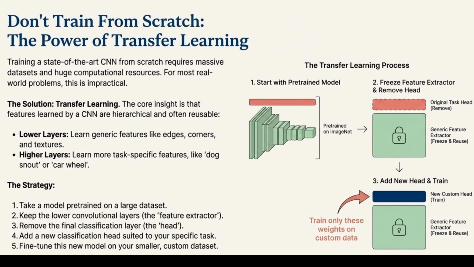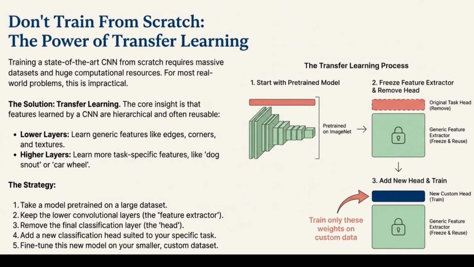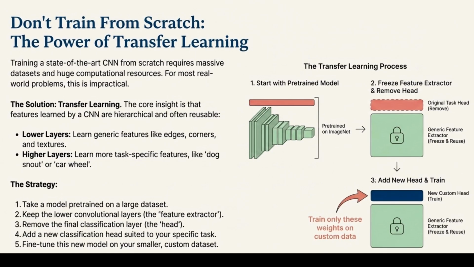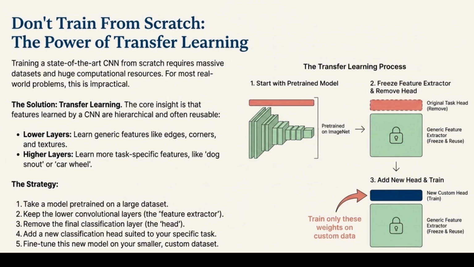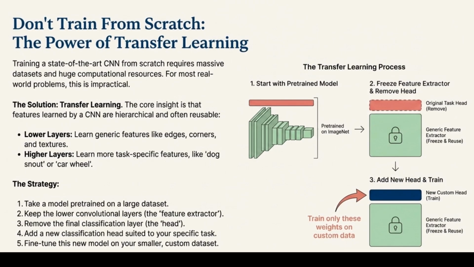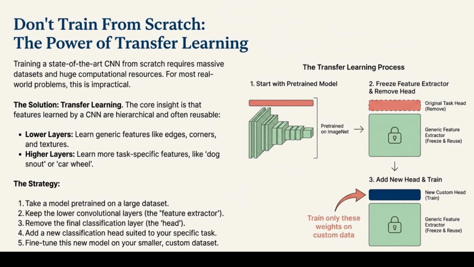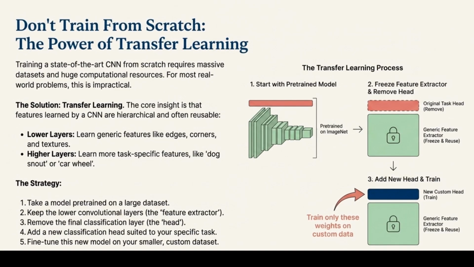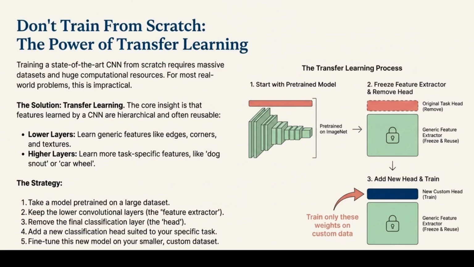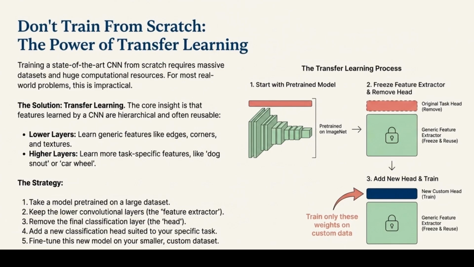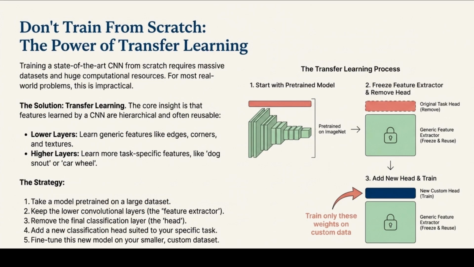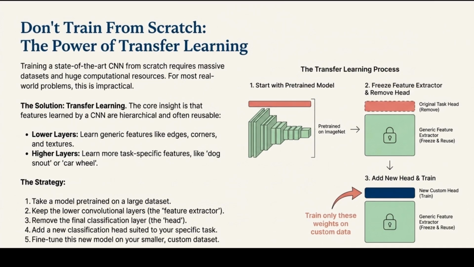We remove the model's original classification head, which was only designed for ImageNet classes, and add a new, custom head tailored to our specific task, e.g., classifying flowers or recognizing defects. Finally, we train only the weights of this new head on our smaller, custom dataset. By starting with a highly capable feature extractor, we achieve high performance quickly and efficiently, even with limited data.